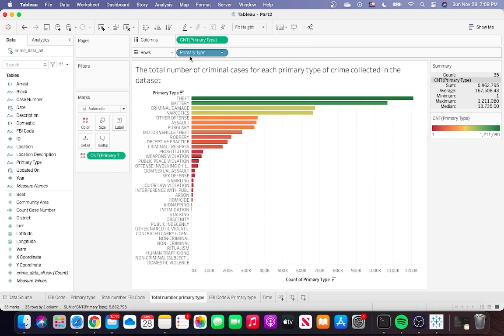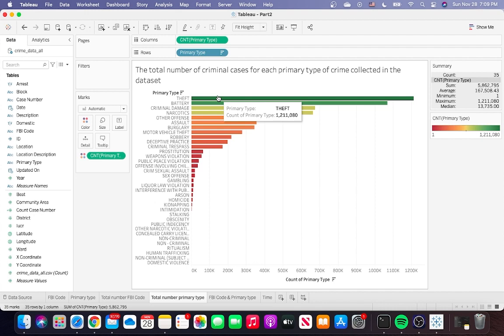And then we would like to know the total number of criminal cases for each primary type. For the primary type, we have a total of 35 primary types. The total of the cases is going to be the same number as the FBI codes, which is almost 6 million cases.